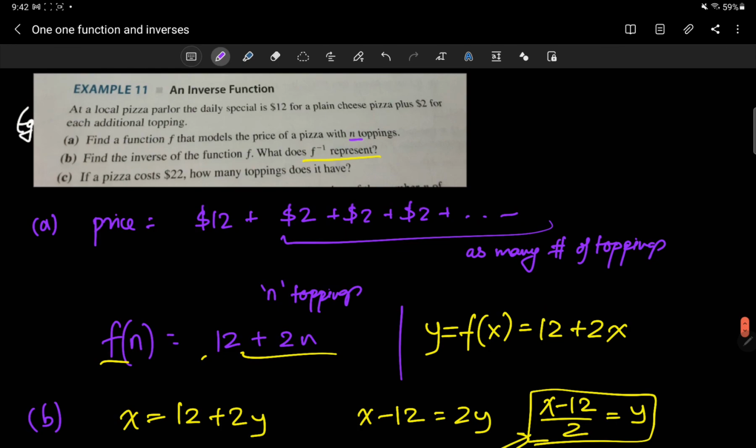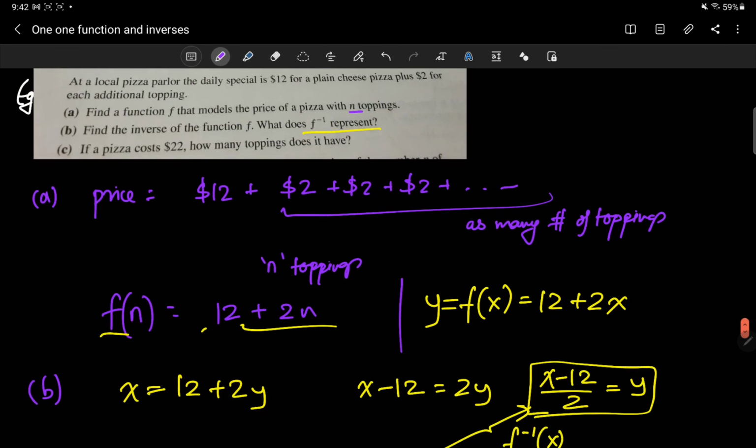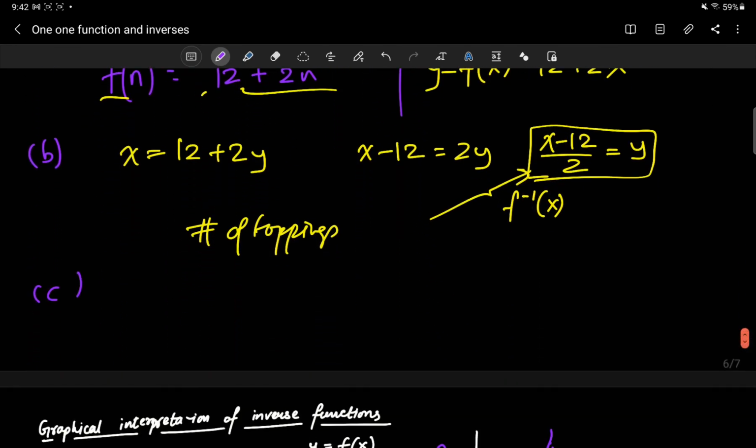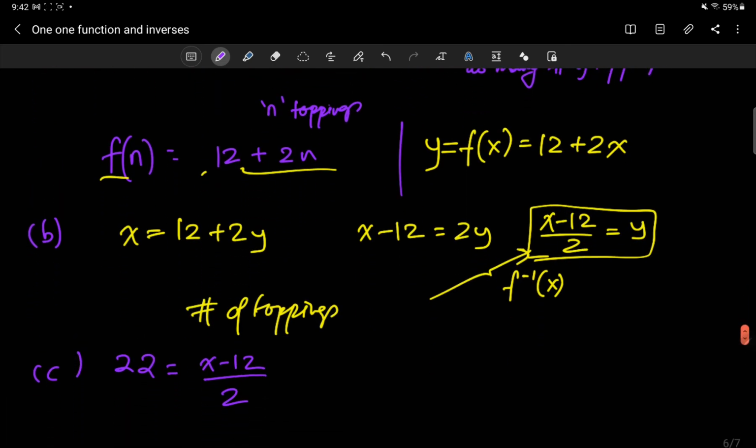And that's going to answer part C. It says, if a pizza costs $22, how many toppings does it have? So we are trying to find f inverse of 22.